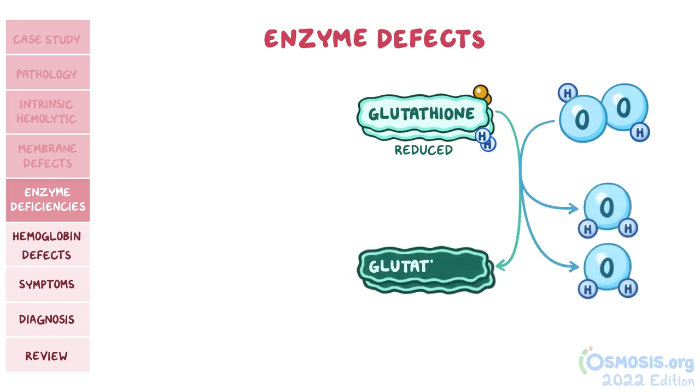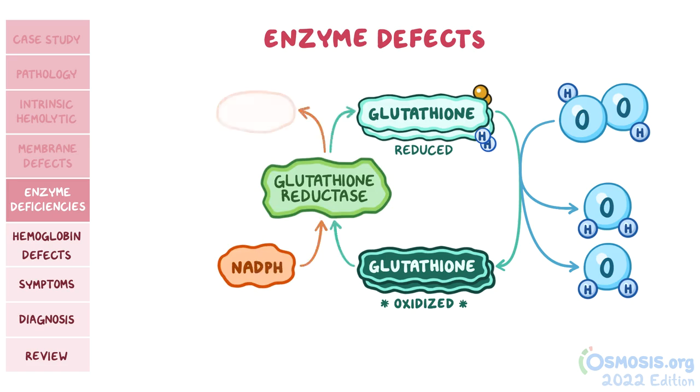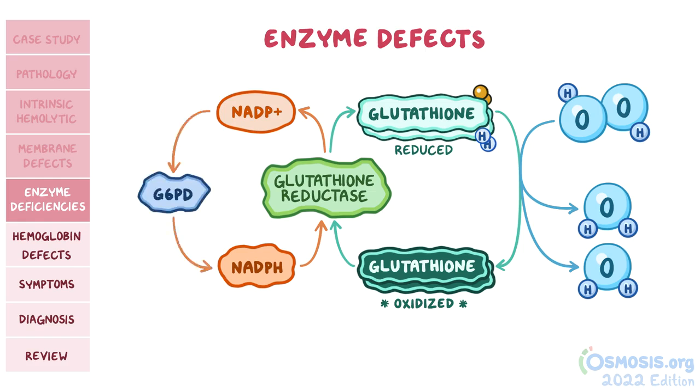This causes glutathione to become oxidized, so before it can get back to work, an enzyme called glutathione reductase uses NADPH to reduce the oxidized glutathione, and NADPH becomes NADP+. So to replenish the supply of NADPH, we have G6PD, which reduces NADP+ back to NADPH.